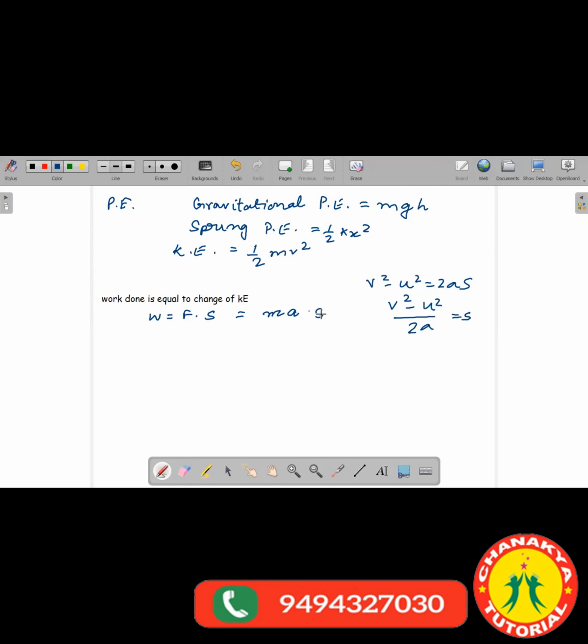If we substitute the value of s, we get ma multiplied by v squared minus u squared over 2a. So a and a cancel with each other. You get 1 by 2 mv squared minus 1 by 2 mu squared.